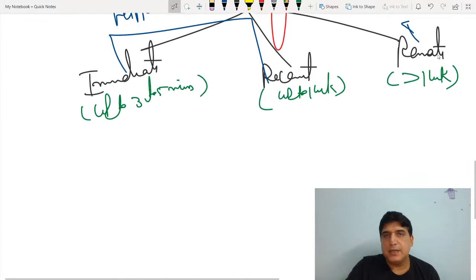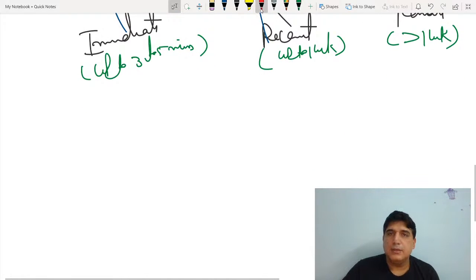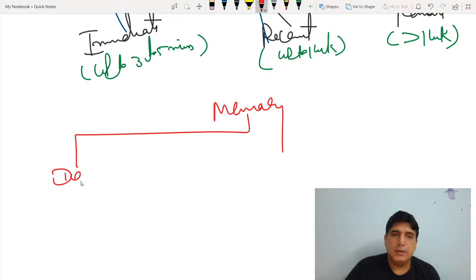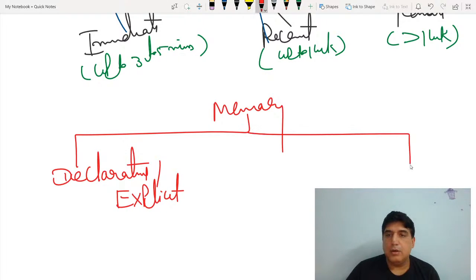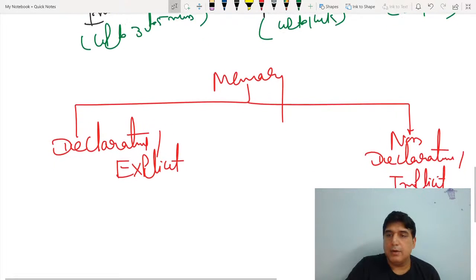The second classification I want to tell you about memory is declarative or explicit memory, and non-declarative or implicit memory.